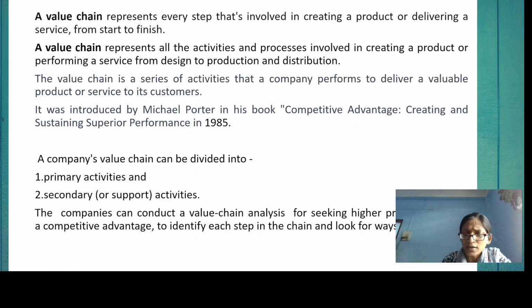We will try to analyze each step in the value chain, and we'll see how we can improve each activity, so that at the end we can save some cost, and of course we can efficiently perform our activities.